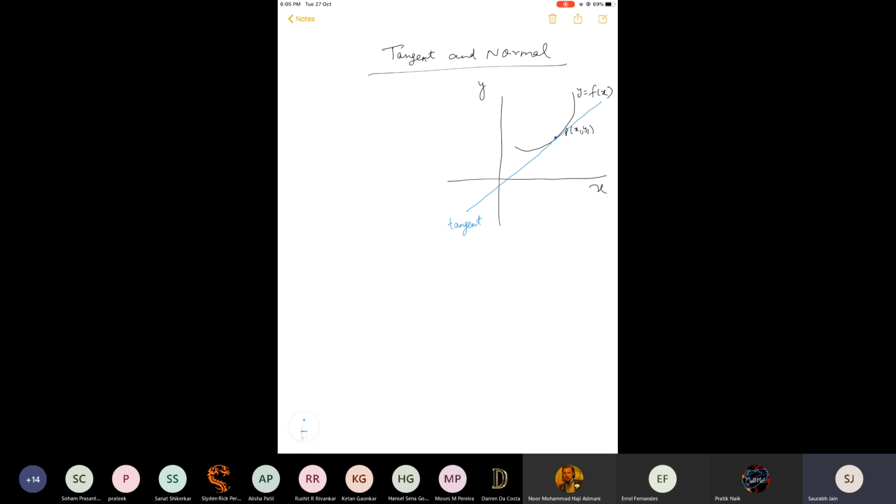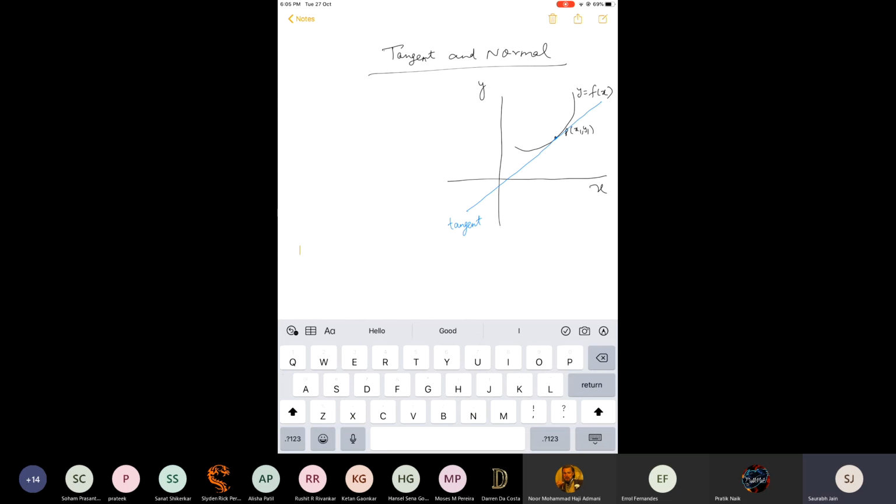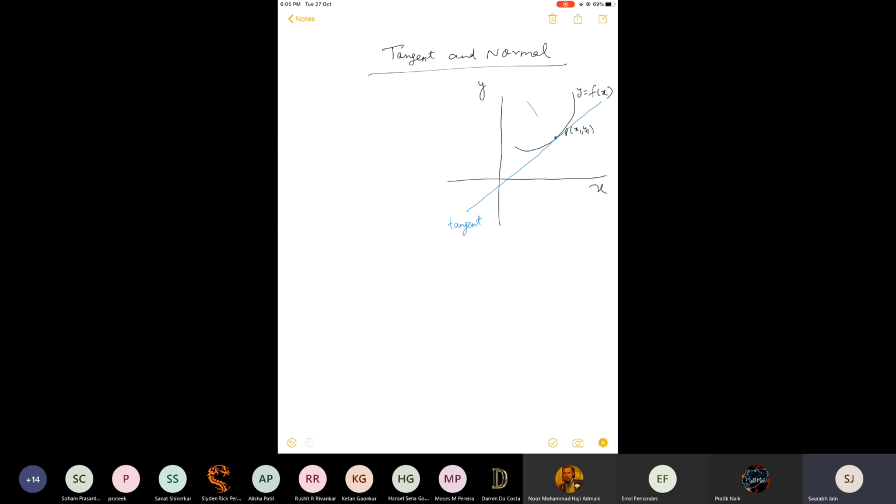And the second one is the slope of normal at the point. Now, we all know what a normal is. In coordinate geometry also you have learned tangent and normal, the equations of tangent and normal to circle, parabola, ellipse, hyperbola, etc. So a normal is basically a line which is perpendicular to the tangent at the point of contact.